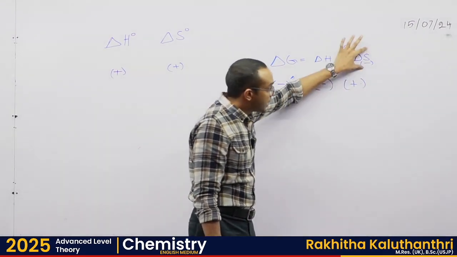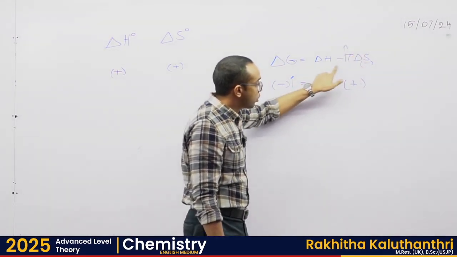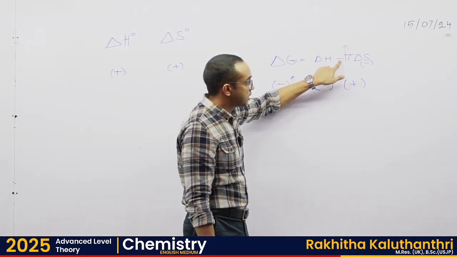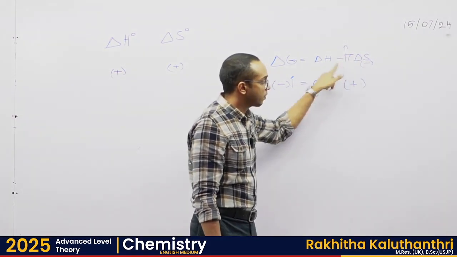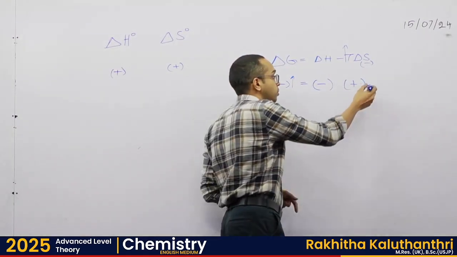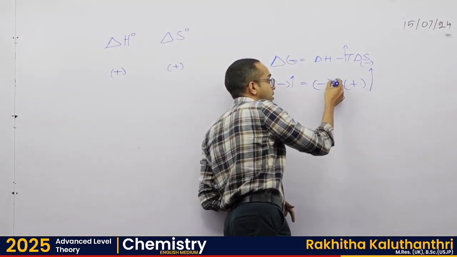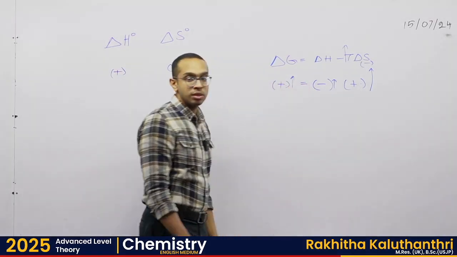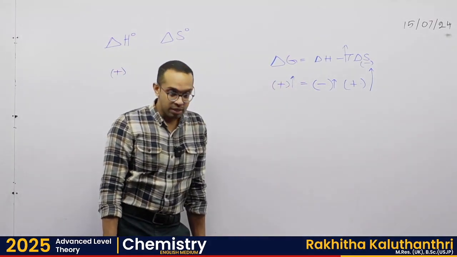Clear? If delta S is negative, then delta S multiplied by T with a minus sign here, this entire term is going to be a large positive value at a higher temperature. So this is going to be large now, while this remains the same. Then the overall value is going to be a large positive value. Is that understood?